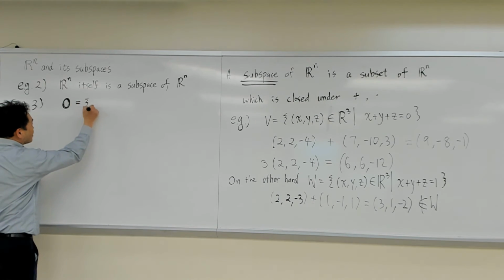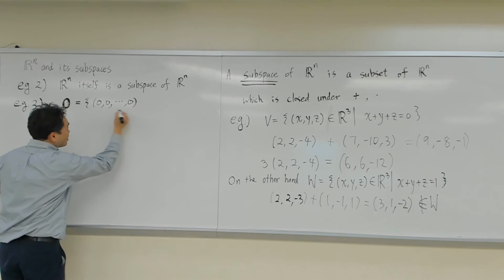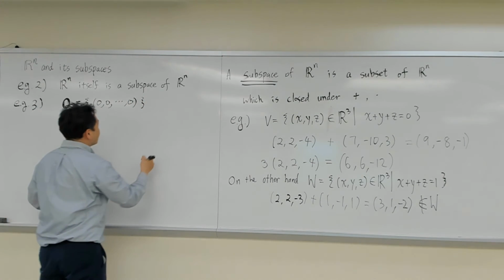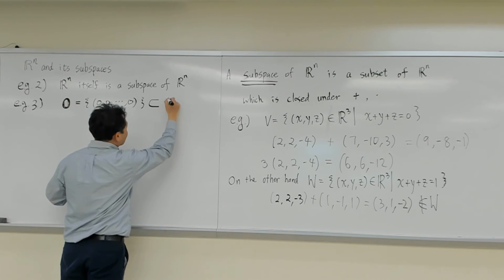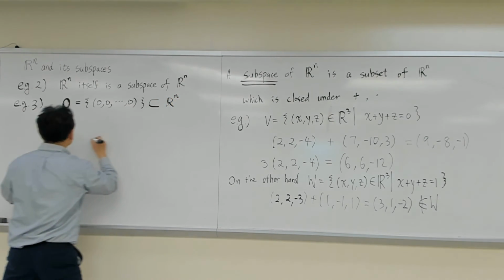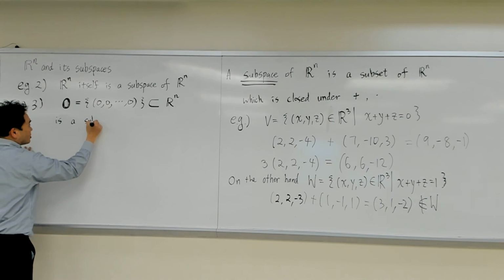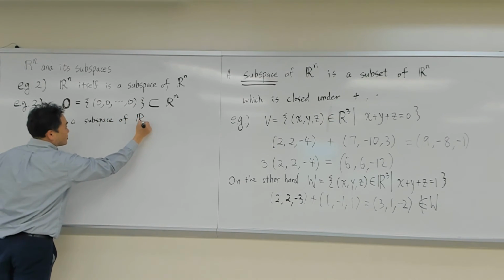This is 0, 0, and so on. Everything's 0, and that's it. Which is a subset of Rn, is a subspace of Rn.